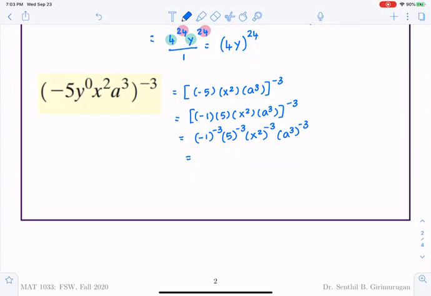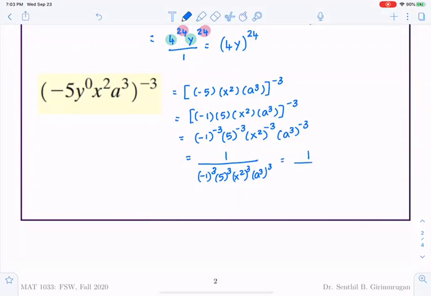But before that, we can move all of these terms to the denominator as they all have a negative power. So negative 1 raised 3, 5 raised 3, x squared raised 3, a cubed raised 3.